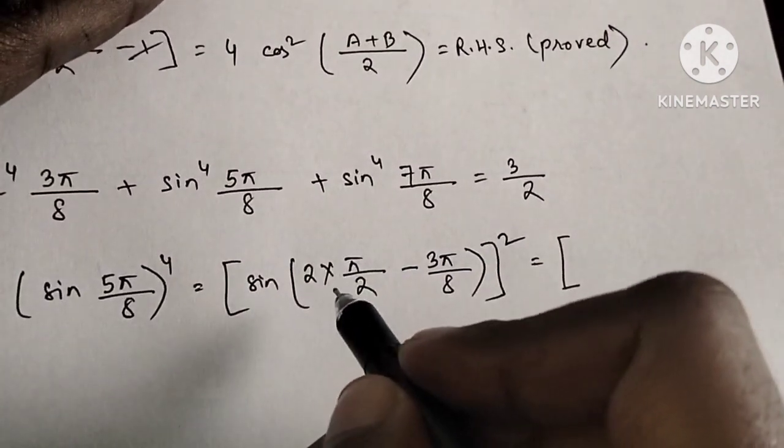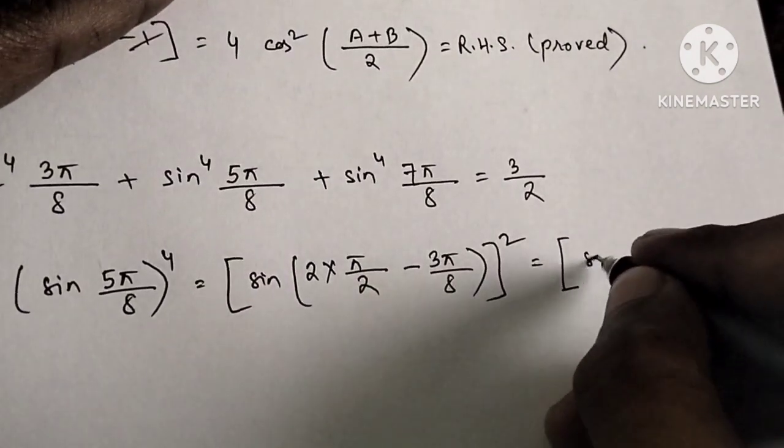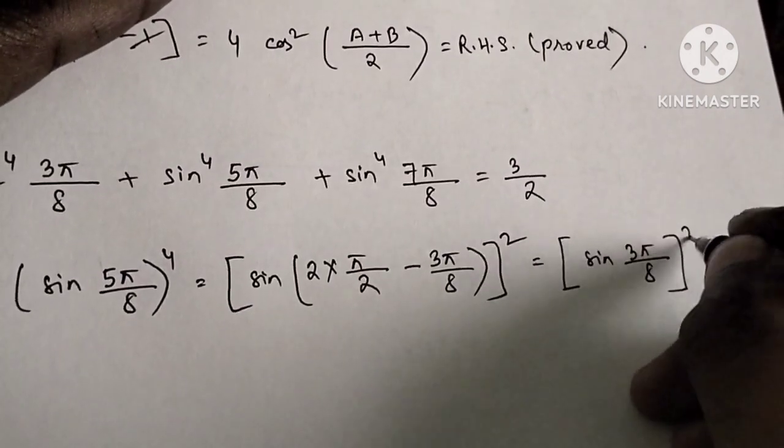So it is in the second quadrant. In second quadrant sine is positive, so it will be sine 3 pi by 8 whole square.